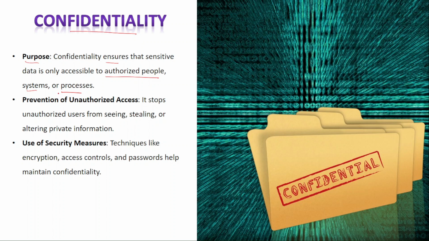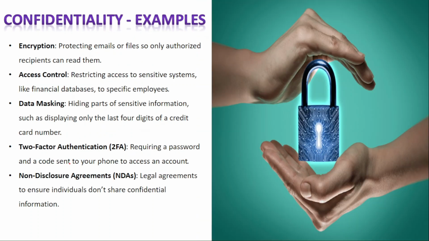Similarly, the purpose of confidentiality is prevention of unauthorized access. It stops unauthorized users from seeing, stealing, or altering private information. And to ensure confidentiality we use security measures. Techniques like encryption, access control, and passwords help maintain confidentiality.